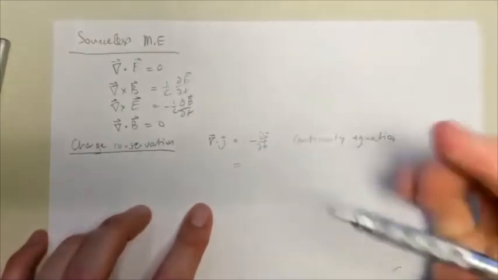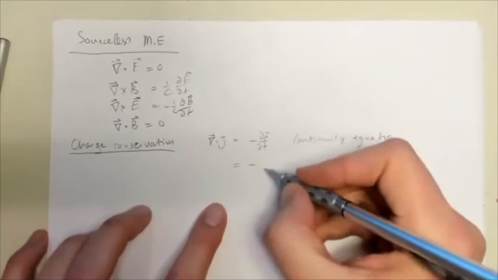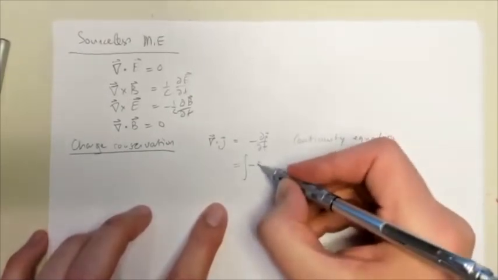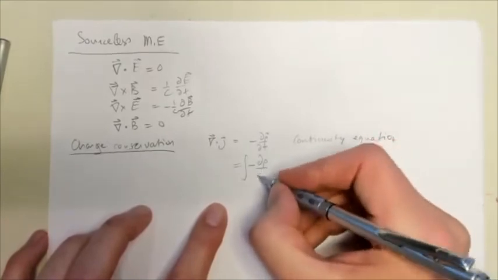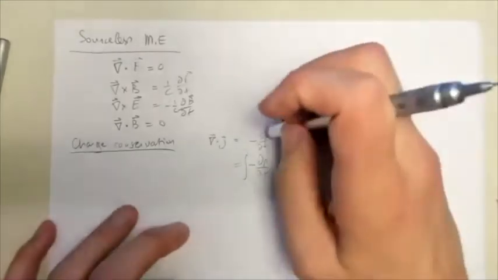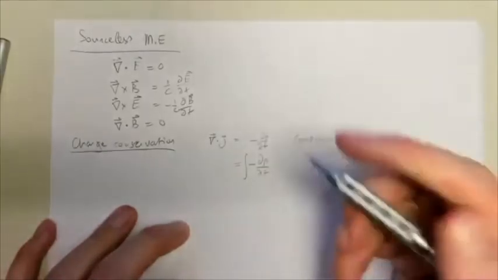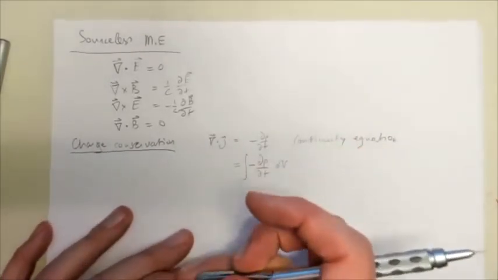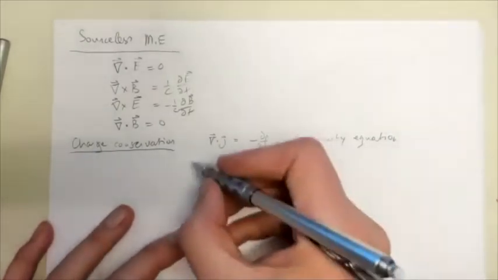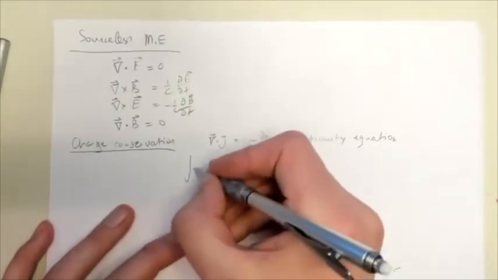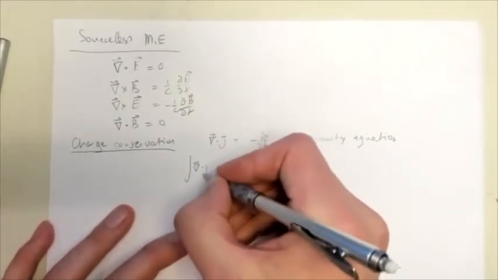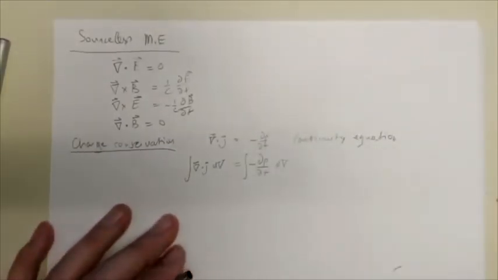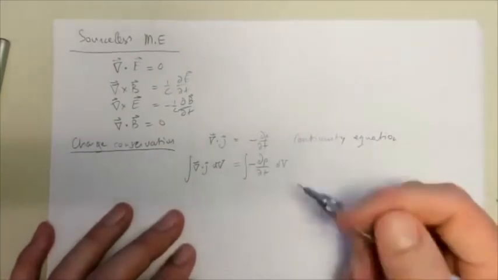Minus the integral of d rho dt, there's no vector obviously, integrated over volume, and we're doing the same thing on this side, over the same volume.